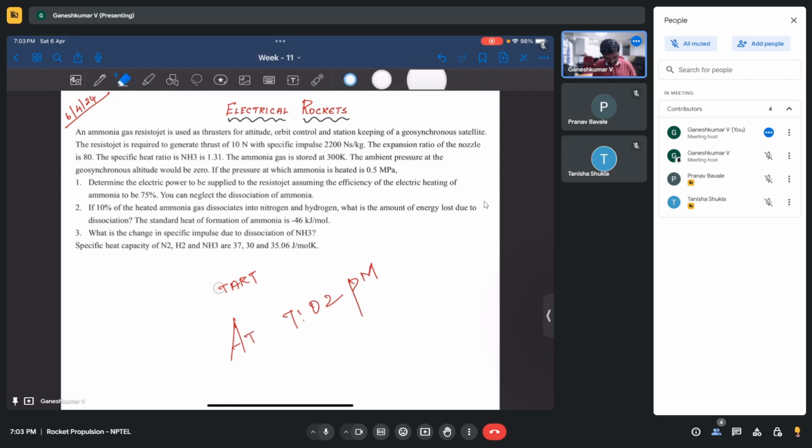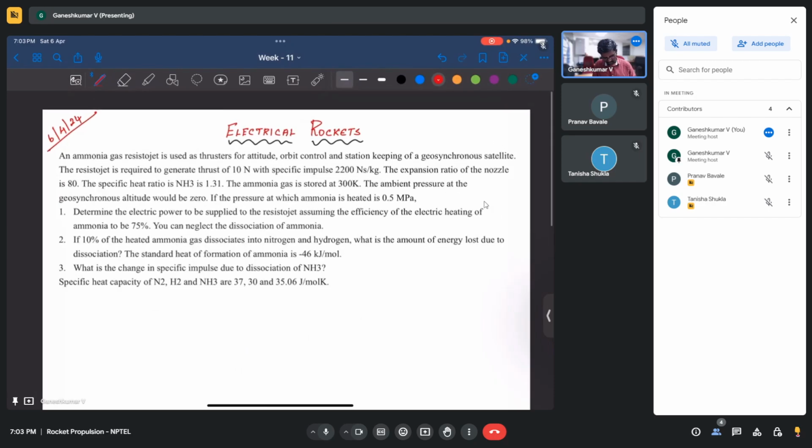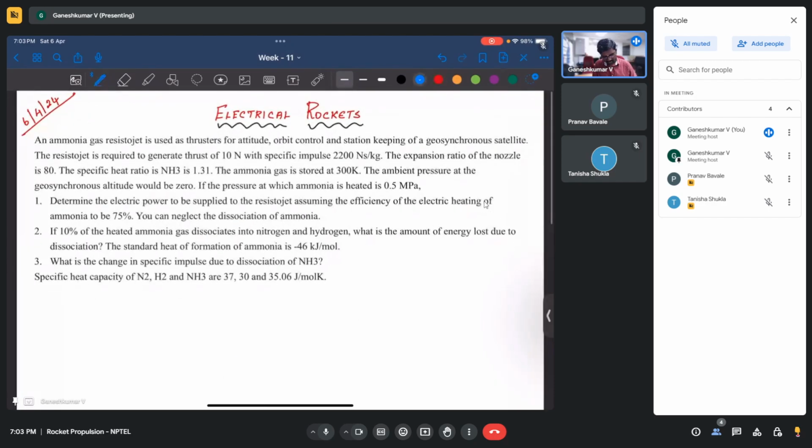So today's question is going to deal with something called a resistojet, something your professor must have taught you in electrical rockets. The reason I selected this is that in your homework problems there is an arcjet thruster, and this is more or less similar to that.